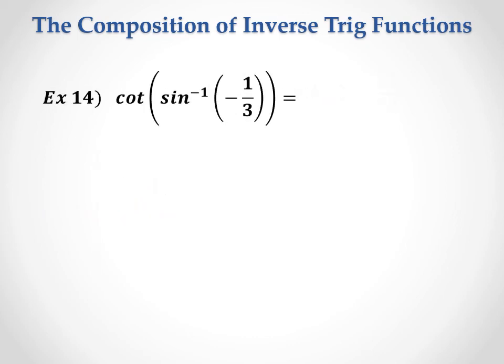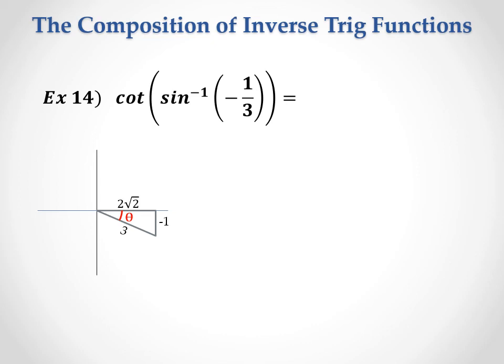All right, and let's look at 14. We're looking for the cotangent of the inverse sine of -1/3. So again, drawing a picture would be good. Which quadrant are we in? The inverse sine ratio we're putting in is -1/3, so that means we are in the fourth quadrant. We simply draw a triangle. Sine is y over r, so we have -1/3.